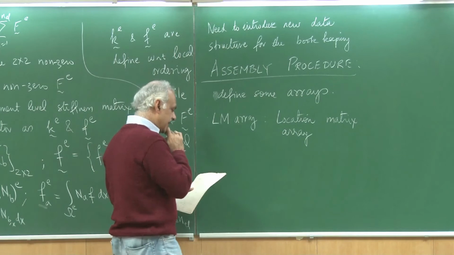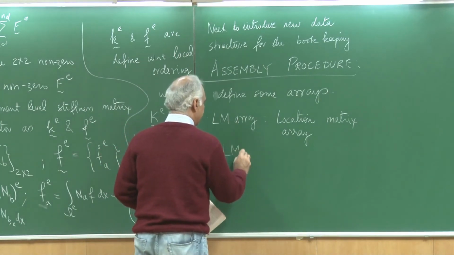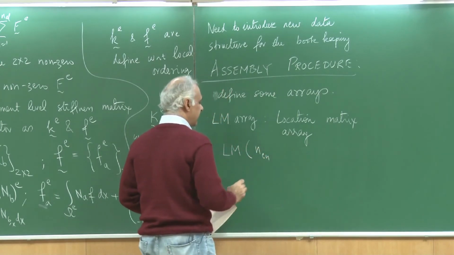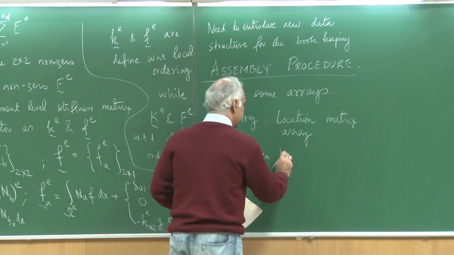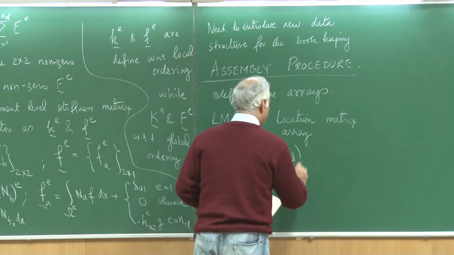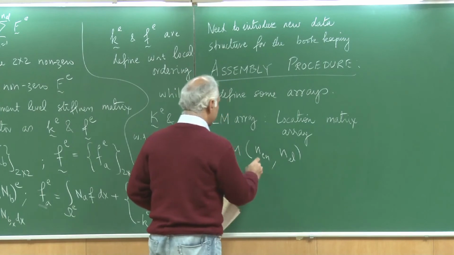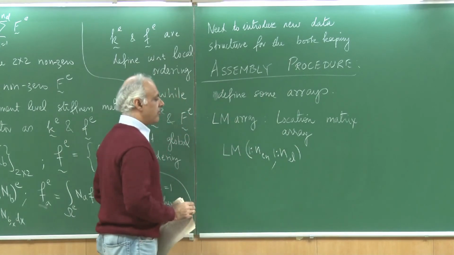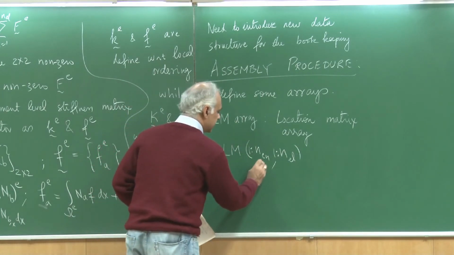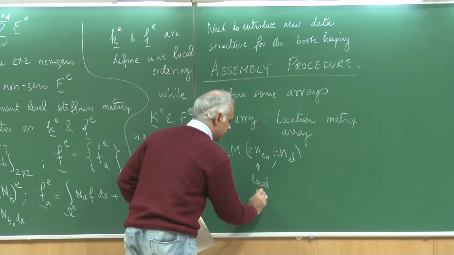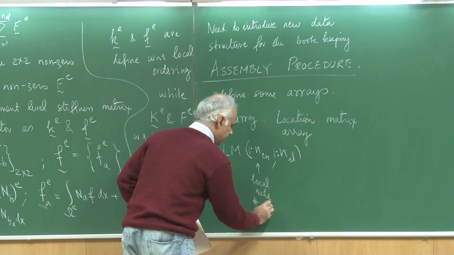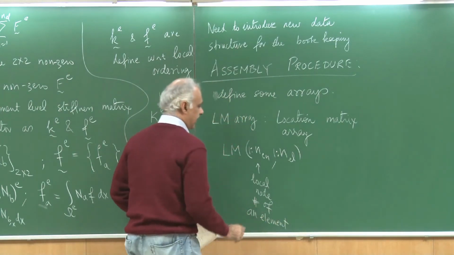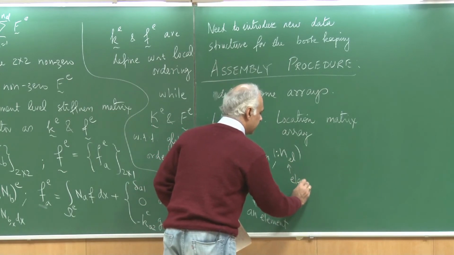So, the idea is that if I take LM as a 2-dimensional array which has the form NEN times NEL. So, this first index goes from 1 to NEN, the second one goes from 1 to NEL. This one is the local node number of an element, and this one here is the element number.